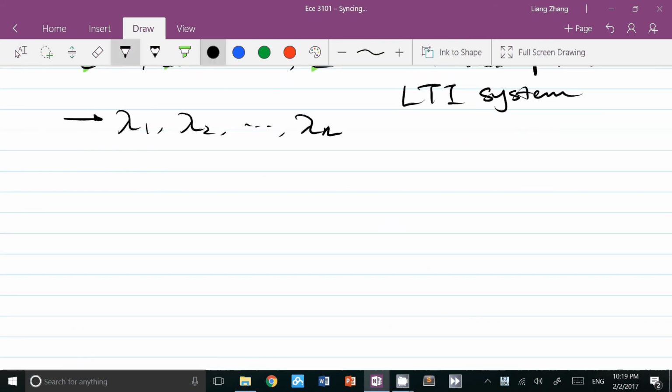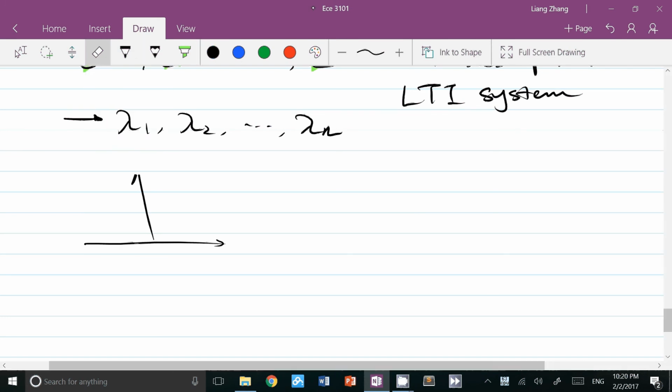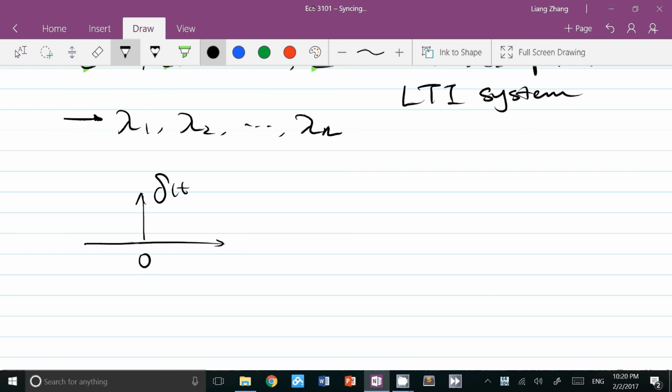Now, before finding the output to any input signal, let's look at our delta function, which looks like this.